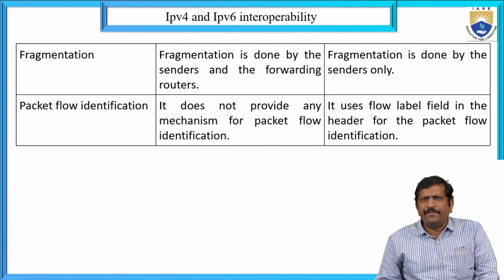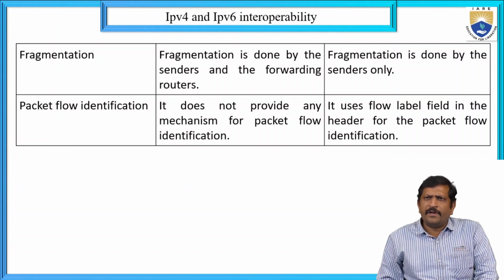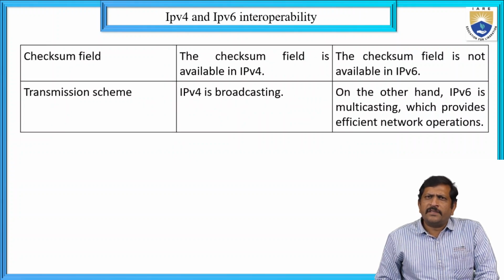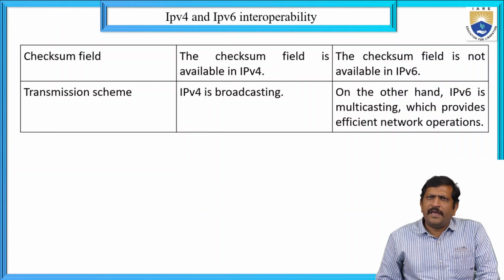IPv4 doesn't provide any mechanism for packet flow identification, but IPv6 uses the flow label field in the header for packet flow identification. Checksum field. The checksum field is available in IPv4. The checksum field is not available in IPv6.